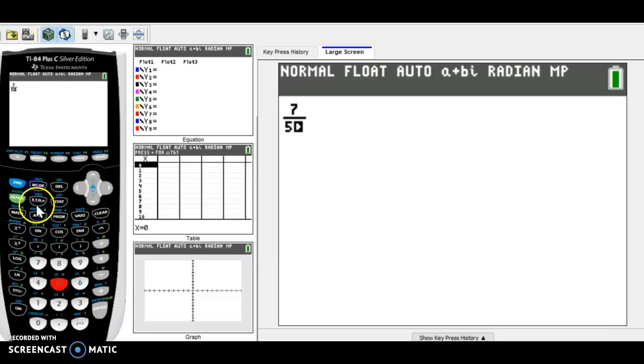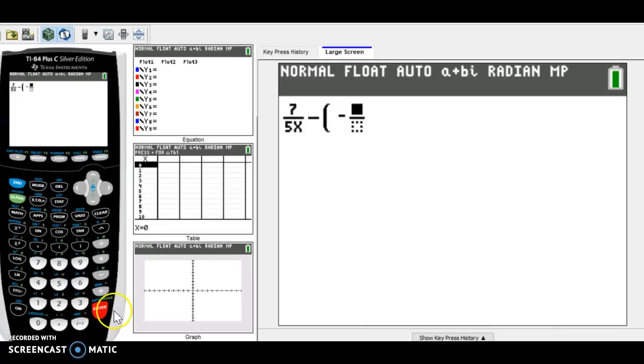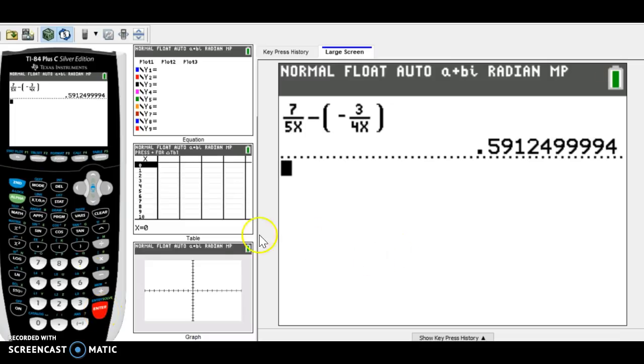On the bottom I have 5x minus parentheses negative alpha y equals, enter, 3 over 4x. And then I can close my parentheses. That gives me this long decimal number.